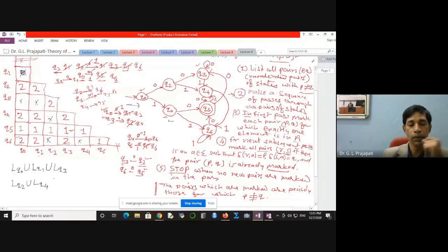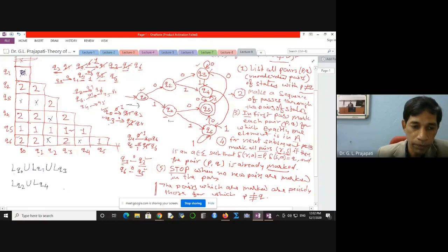And Q4 and Q0 is marked, Q1, Q4 should also be marked, and Q3 and Q4 should also be marked. They are not equivalent. So Q4 and Q2 not being marked means Q4 will go to this equivalence class.